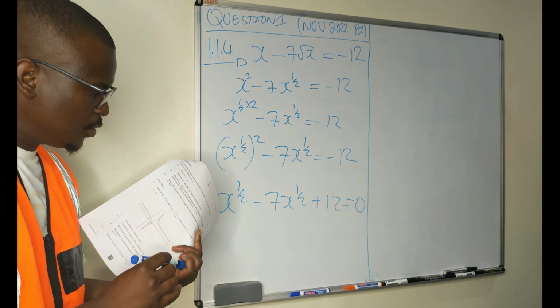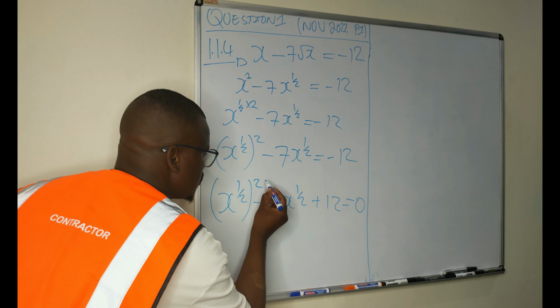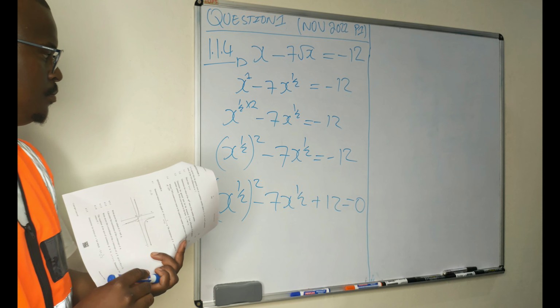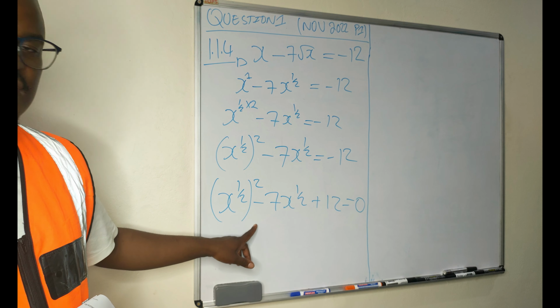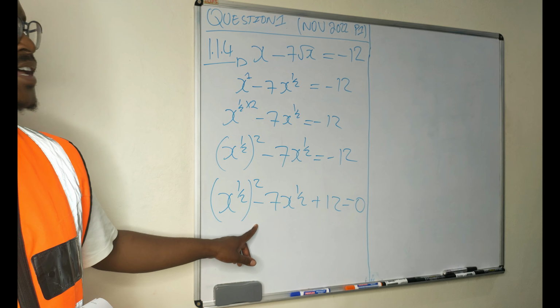If you look at this, you'll quickly realize that this resembles exactly what we had at 1.1.2. At 1.1.2, we had something along the lines of 2x squared minus 6x plus 1 is equal to 0. This had exactly the same shape.